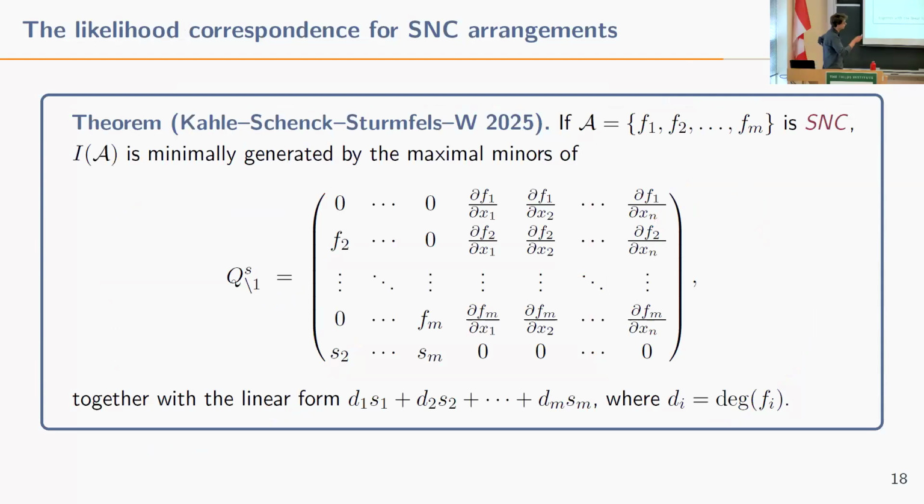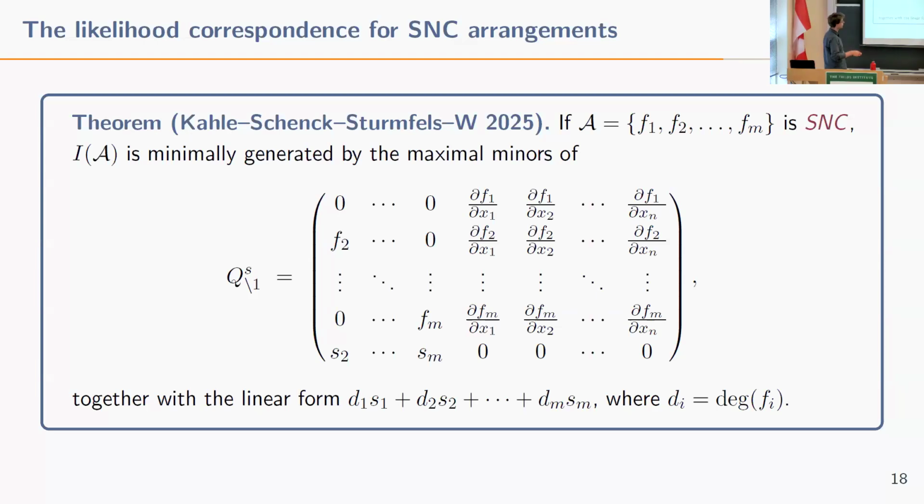And in this situation, in a paper with Thomas Kahle, Hal, and Bernd, we figured out that if you have a strict normal crossing arrangement, then it's very nice to write down minimal generators of the likelihood ideal. And these arise as maximal minors of this funny matrix here. So what is this? You might remember this matrix Q from earlier.